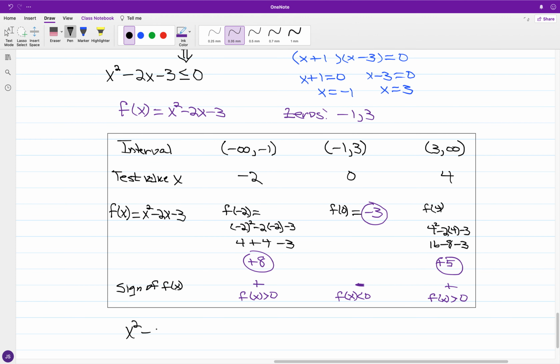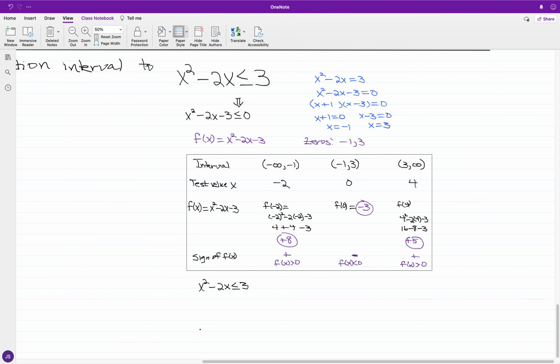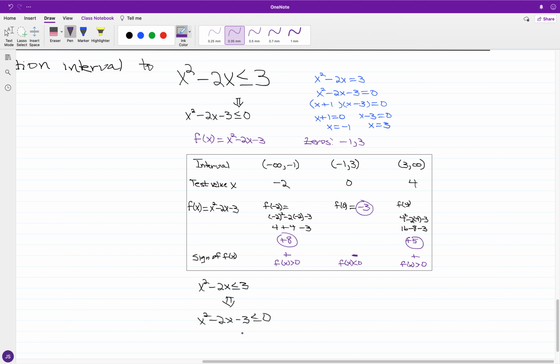And so with the inequality, again, we had x squared minus 2x is less than or equal to 3. In the rewrite, we have x squared minus 2x minus 3 is less than or equal to 0. This is referencing where f of x is less than or equal to 0.